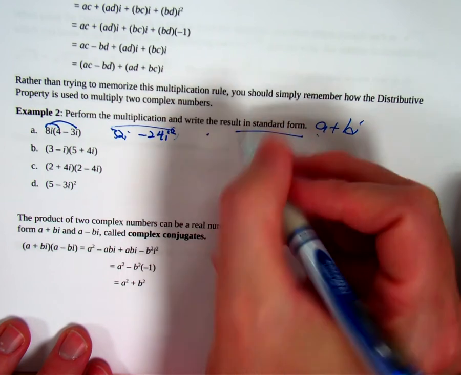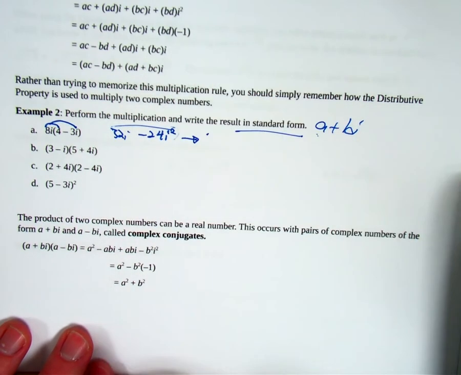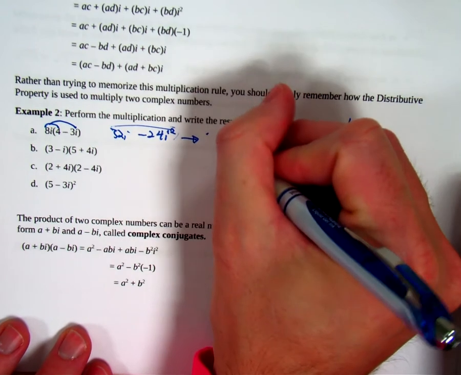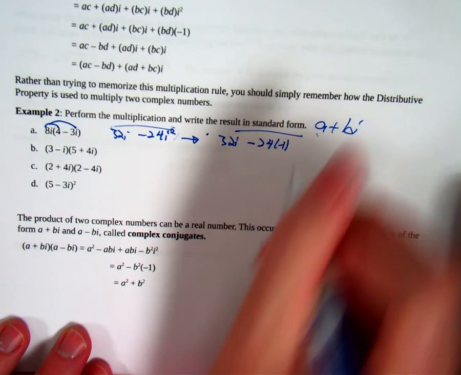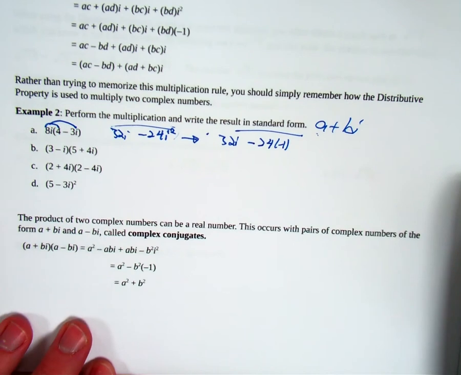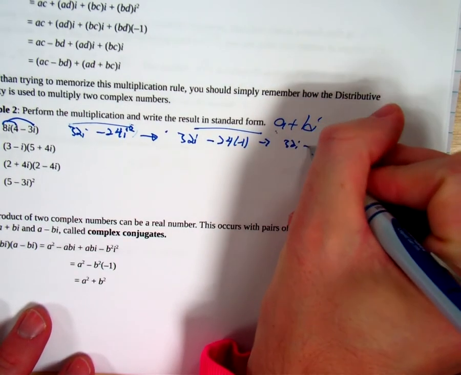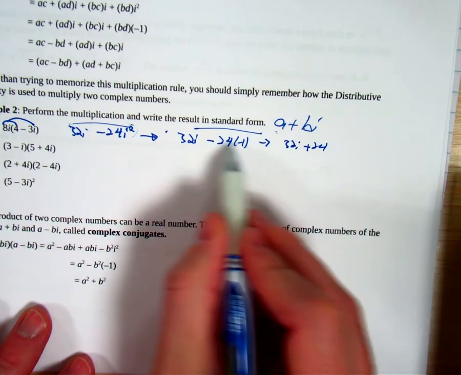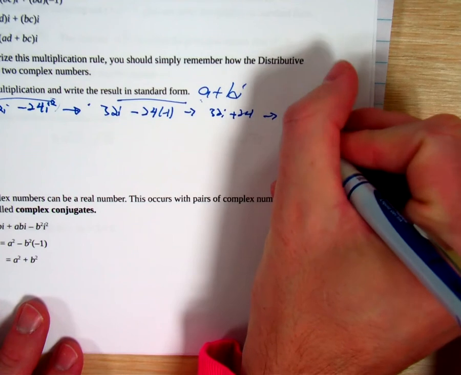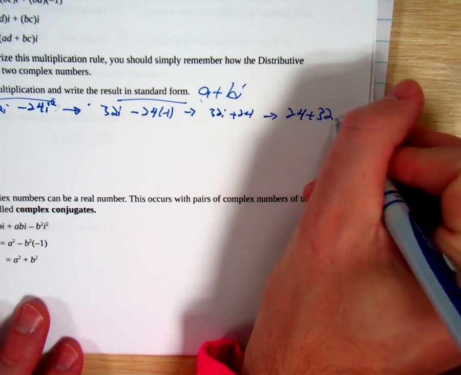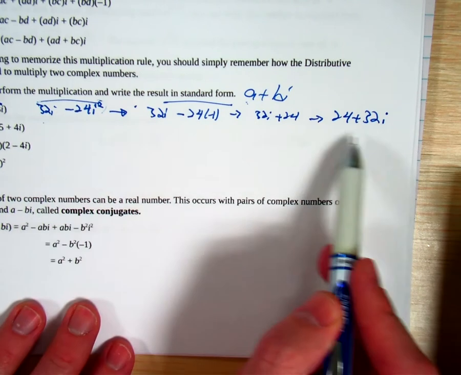And then if I put the real part in first, I'll go a little slower here, especially for this first one. 32i minus 24 times negative 1, right? i squared was negative 1. That's going to be 32i plus 24. And then put it in the a plus bi form, the real part first. 24 plus 32i.